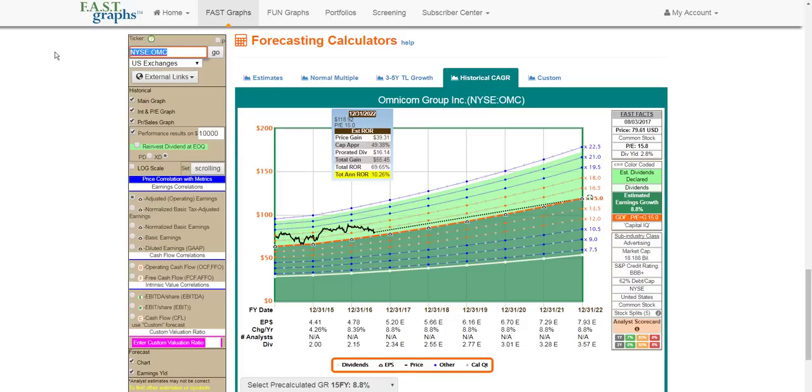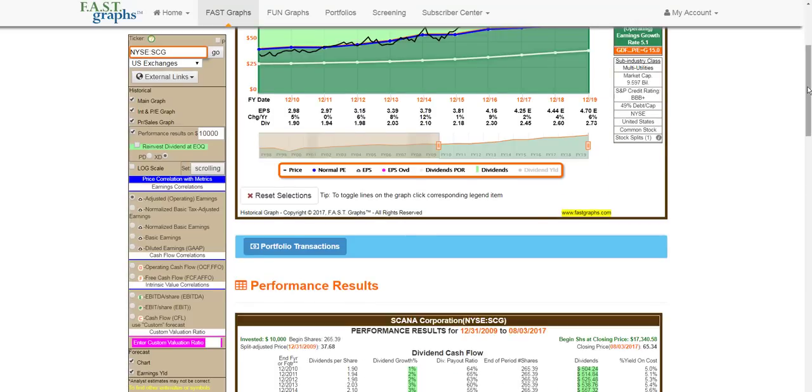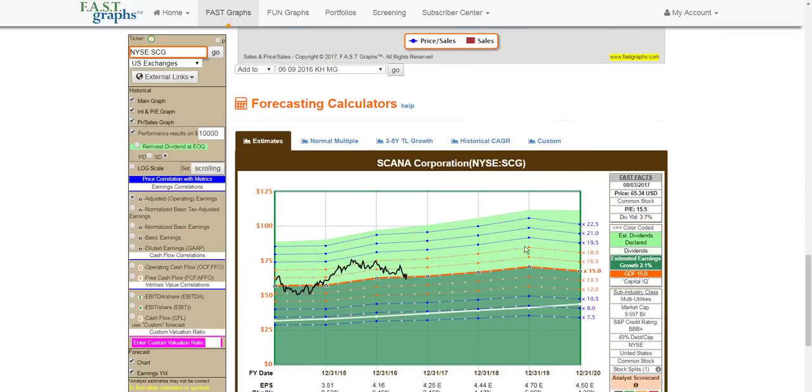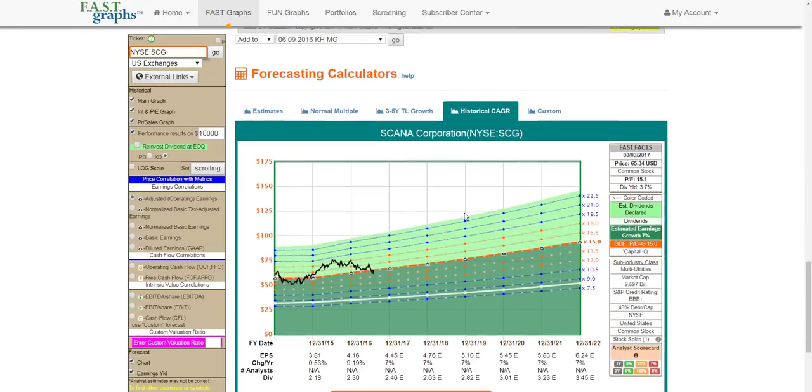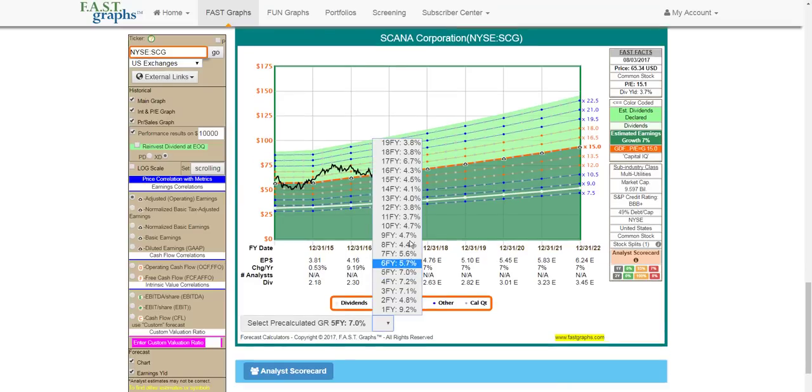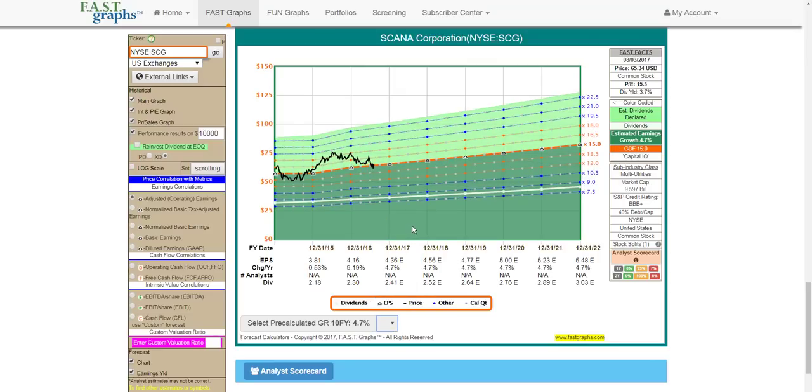If I go back to my SCANA example, which I opened with, which is a very low growth company, you know, it's a utility stock. Utility stocks are historically low growers. And I use that same historical compound annual growth graph, and I review their historical growth rates, you know, 4%, 4.5%. I'm going to be aggressive and use 4.7 here because that company has grown a little faster more recently.